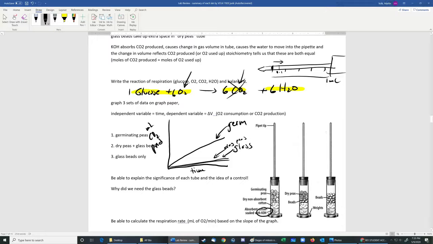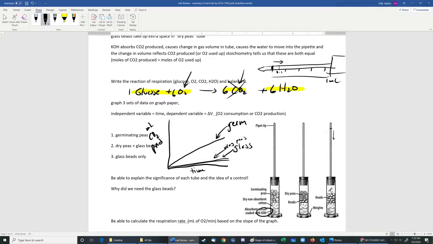So what we did is we set this up by placing these respirometers in water, and then we allowed them to sort of equalize in terms of temperature and all of that. We had to let them sit in there for quite a while to allow the temperature to become the same, and that's really important because if you put these respirometers in a bath of water and the water is colder than the air temperature or than the respirometer to start with, the cold temperature in here will cause this volume to decrease and then draw the water level in, which is an artifact.